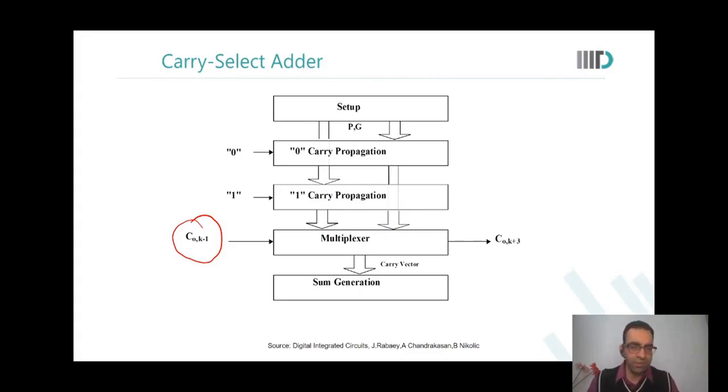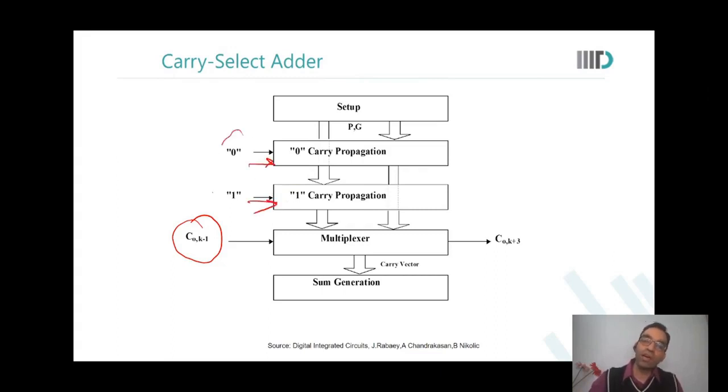Are you able to see this? So in other parts, we were simply doing one circuit which was doing generate, propagate, that kind of function. Over here, we said, okay, all that generate, propagate, you do it for both Cin is equal to 0 and Cin equal to 1.